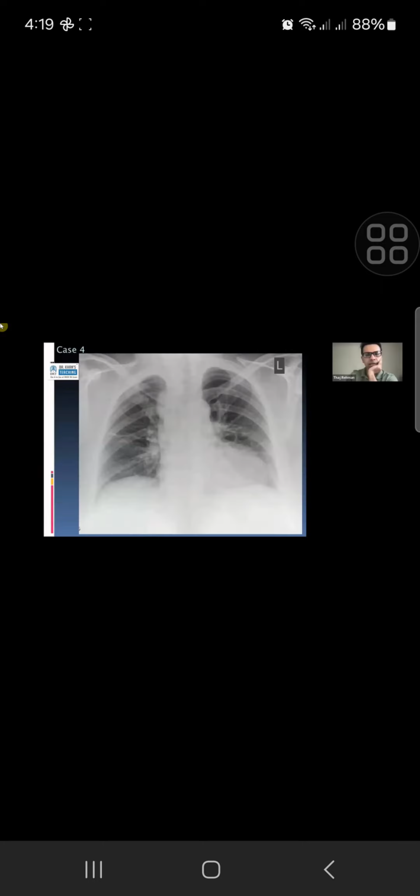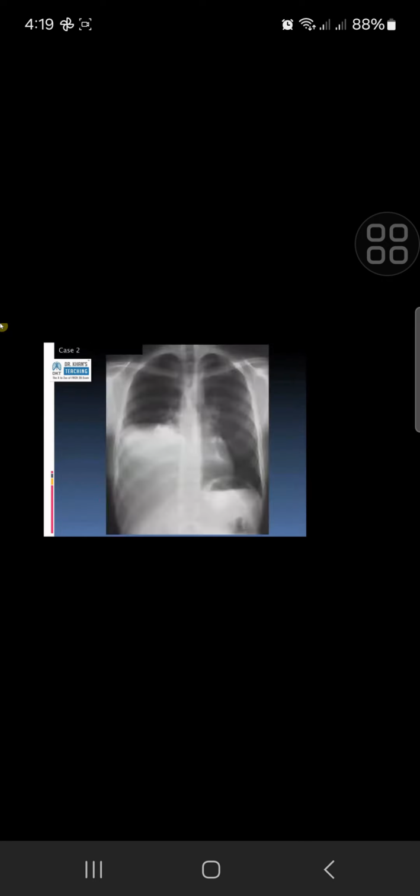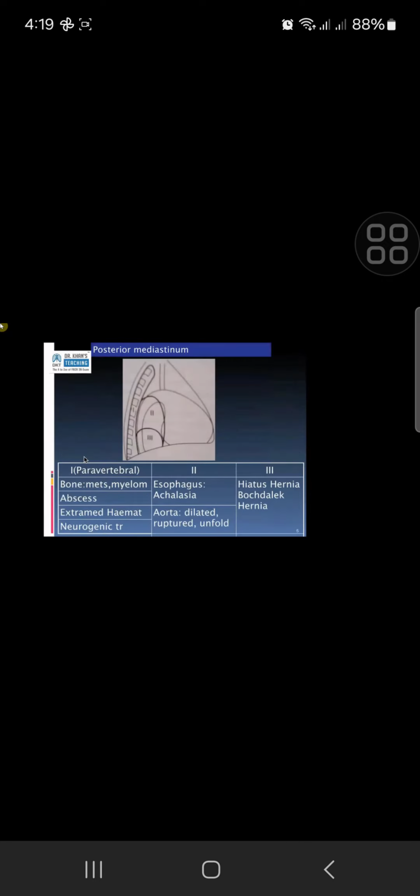Differential? The differential could be a chondrosarcoma, or not paying attention, not enough coffee in the morning? Sorry, extramedullary hematopoiesis. Yeah, so if you look at this, a paravertebral lesion of soft tissue density, there are only two differentials.